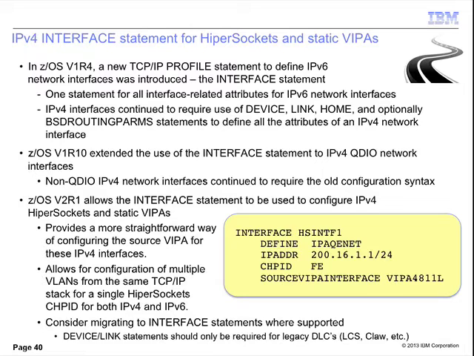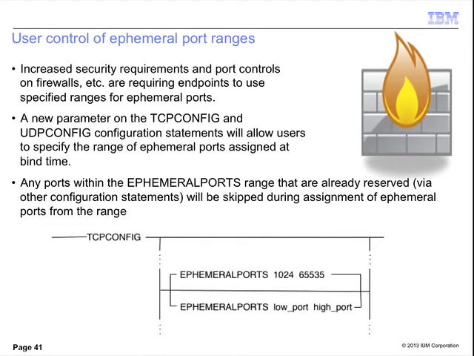Now, the bottom of the page points out that this still does not apply to the legacy DLCs, and realistically it may never apply to them. So this is another case why you might want to consider trying to migrate towards more modern DLCs if any of you are still using legacy DLCs like LCS and CLAW and so forth.